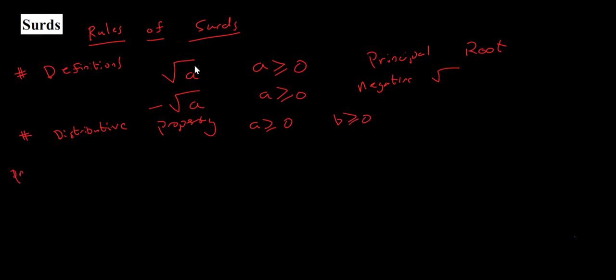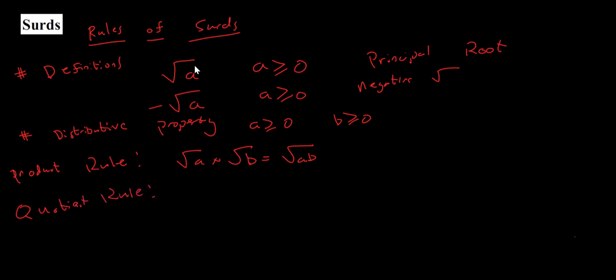So this is sometimes referred to as the product rule, where the root of a multiplied by the root of b can be simplified as the root of ab. Then there's the quotient rule, where this can be written as this.